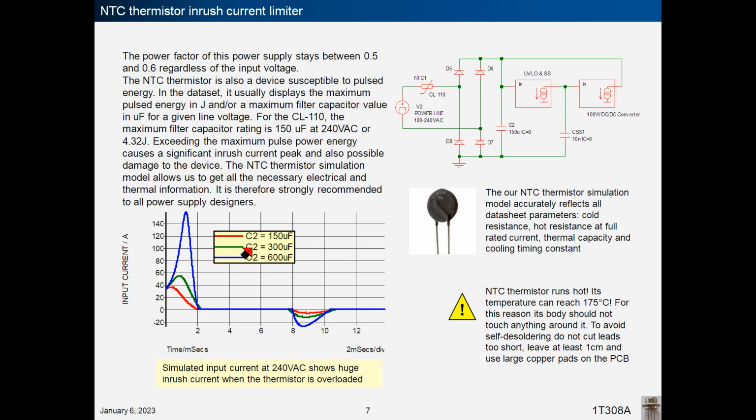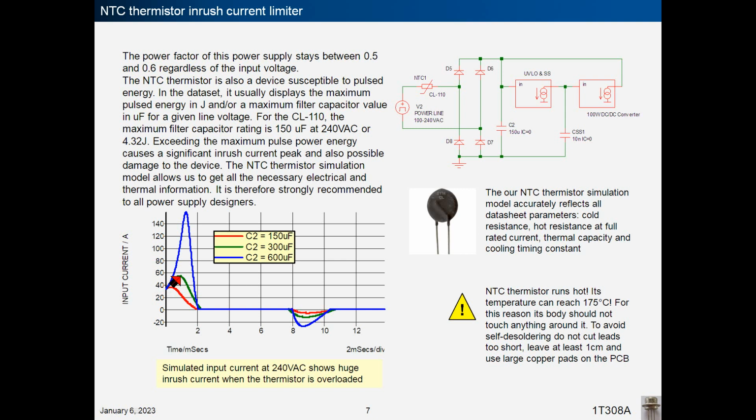If the filter capacitor value is 300 microfarads, which is higher than recommended by the datasheet, the inrush current is significantly increased, and the maximum of the inrush current is reached not on connecting to the power line but slightly later.